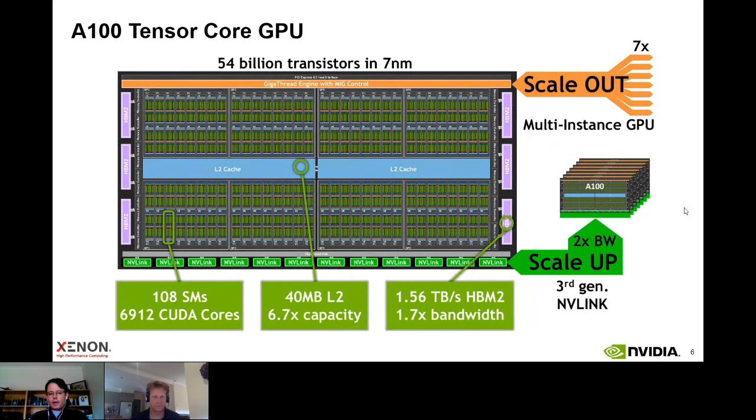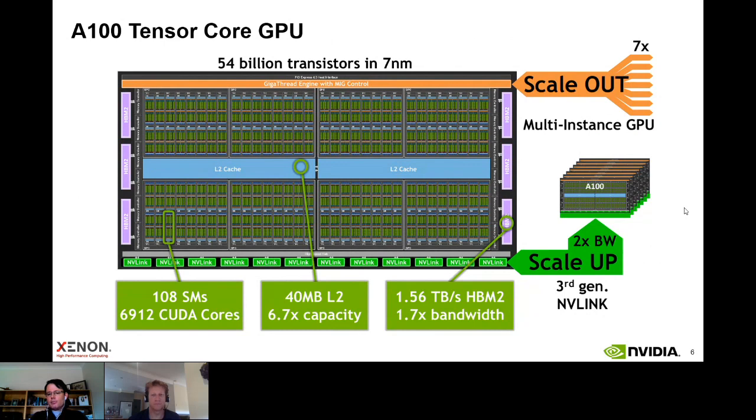We have a total of 40 megabytes of L2 capacity, and in total 40 gigabytes of GPU memory on the A100. The HBM2 memory there has now a bandwidth of 1.56 terabytes per second, which allows us to move a lot of data in and out of the GPU, which adds 70% bandwidth compared to the previous generation.